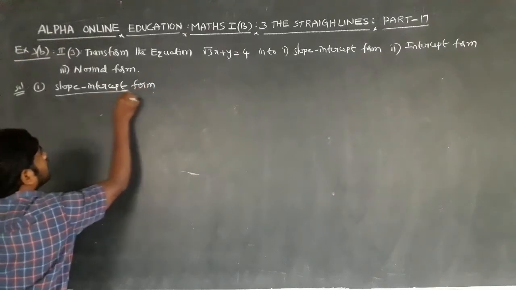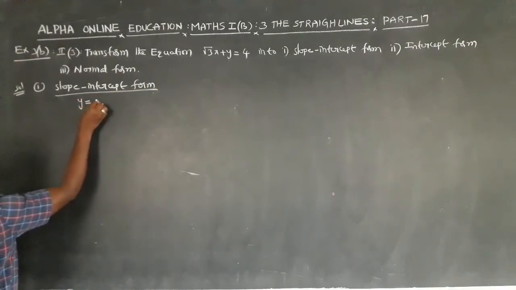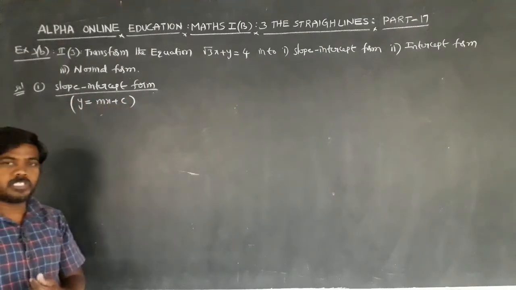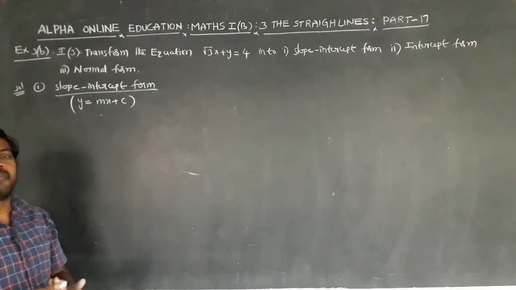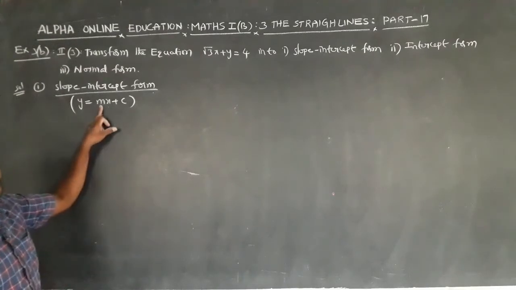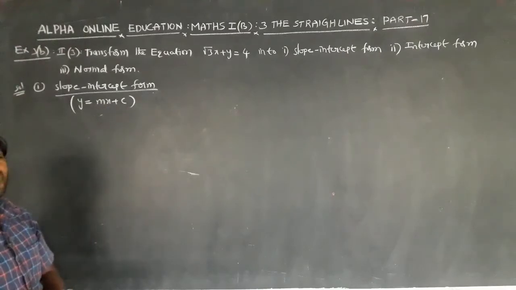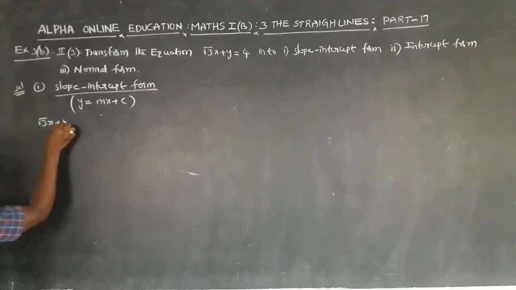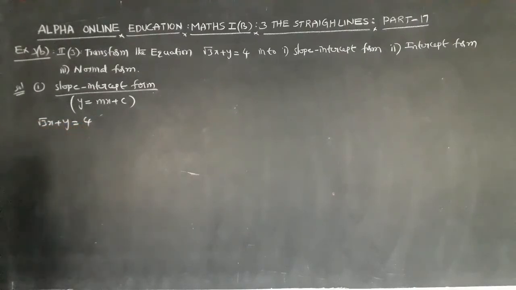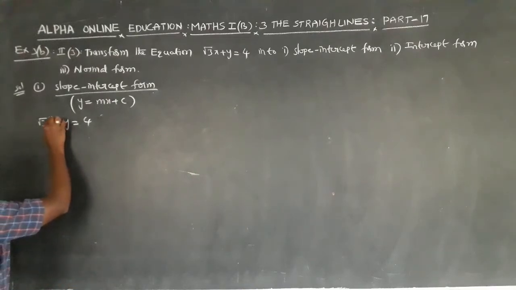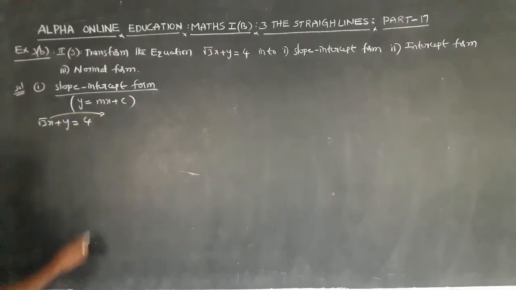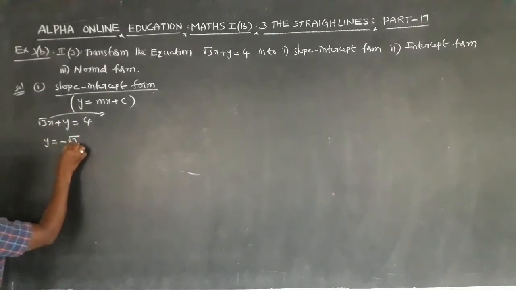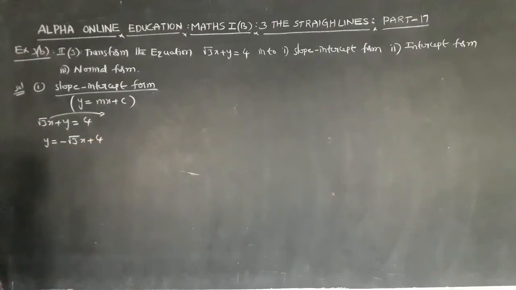Slope intercept form. The equation of a straight line in slope intercept form is y = mx + c. Here m is the slope and c is the y-intercept. Given the equation √3x + y = 4, taking √3x to the right side, y = -√3x + 4.